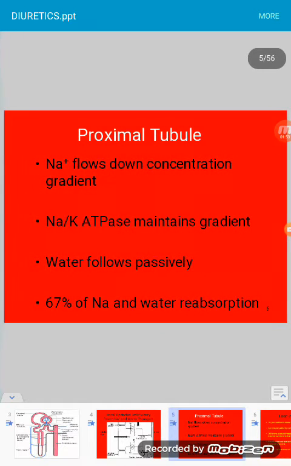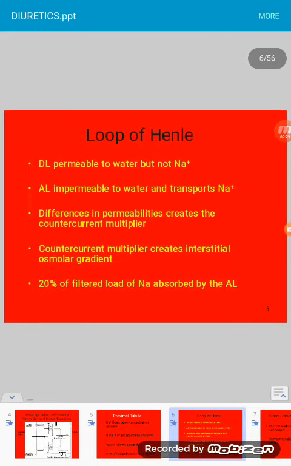In the proximal tubule, sodium flows down the concentration gradient, and you have the sodium-potassium ATPase in the membrane, which absorbs the sodium, and the water flows passively. So 67% of the water and sodium are reabsorbed. The remaining goes to the loop of Henle.